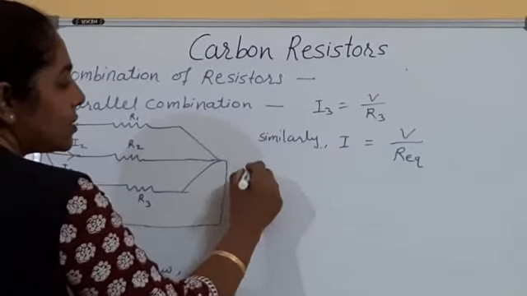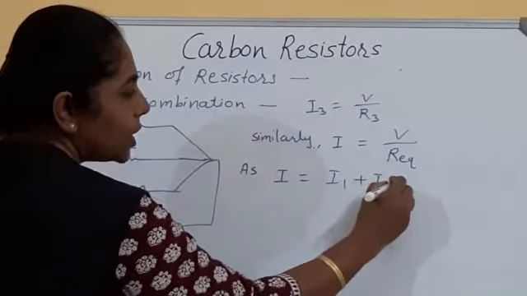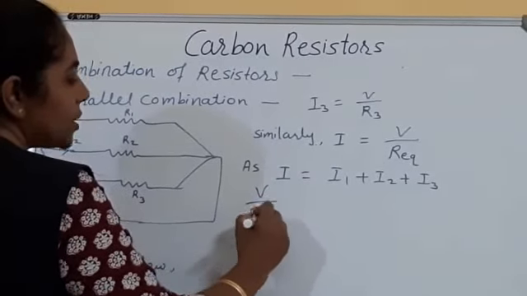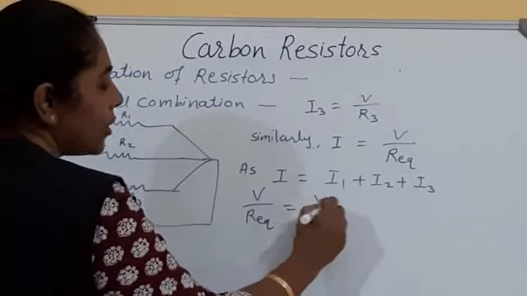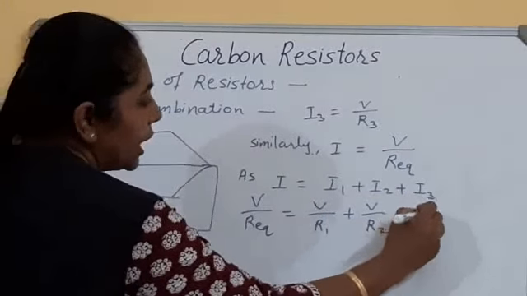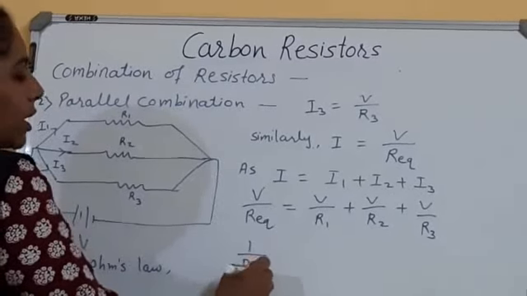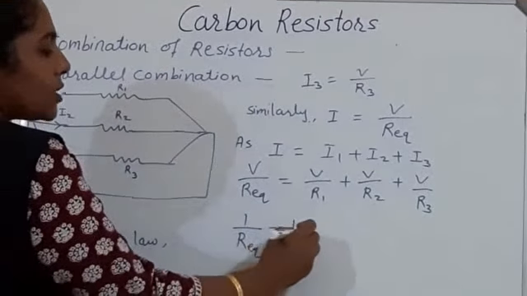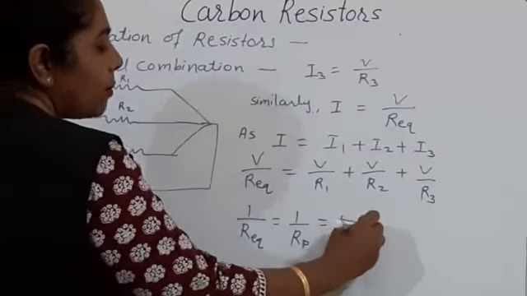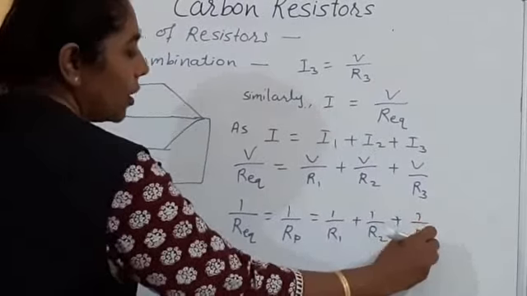Now, as total current I is divided into I1 plus I2 plus I3, you add them, substitute the values, take the common factor and simplify your equation. Here you will take V common and cancel with the left-hand side, so you will get 1 upon R equivalent. This you can call 1 upon Rp, is equal to 1 upon R1 plus 1 upon R2 plus 1 upon R3.